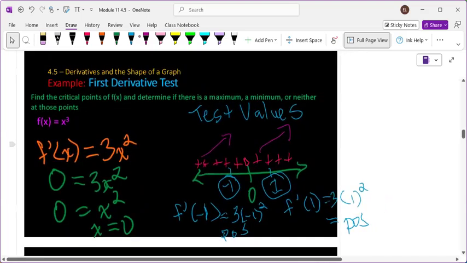Now, because it's increasing and then increasing, is our critical point a max, a min, or neither? Yep, because it doesn't increase to decrease or decrease to increase. It's just flattening out in the middle.